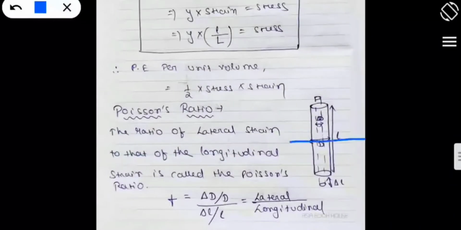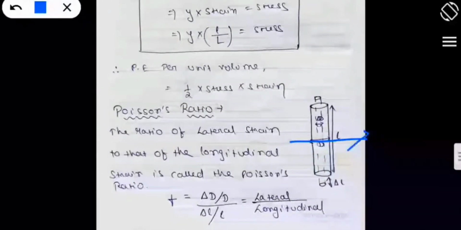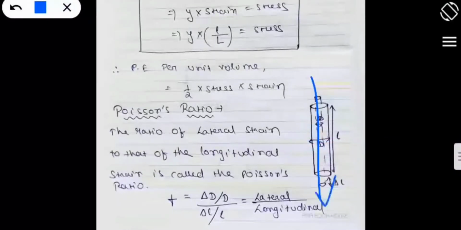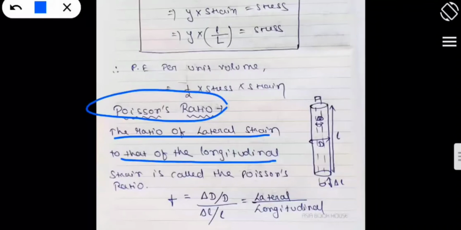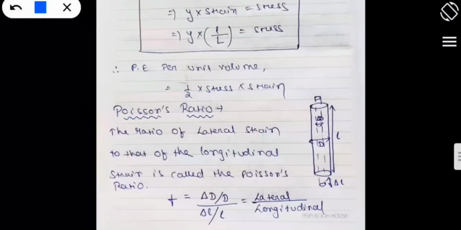If there is an expansion or compression in the lateral side, then it is known as the lateral strain. And longitudinal means you know it very well, along the lengthwise. So now let us find out what Poisson's ratio is.